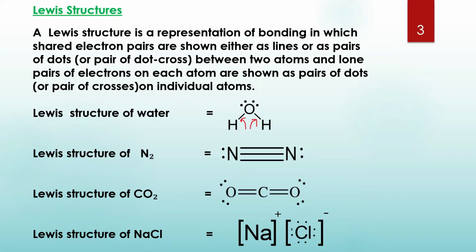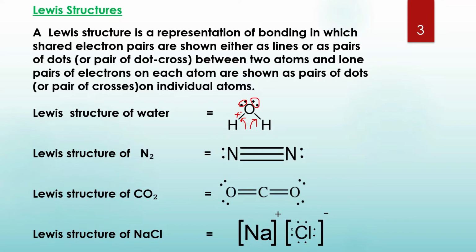This is a shared electron pair because both oxygen and hydrogen are forming a covalent bond by sharing their valence electrons. So this is represented by a line or by a pair of dot and cross. Instead of this, you can even have a dot and a cross like this. And lone pairs are shown either as pairs of dots or crosses. So here, as you can see, lone pairs are represented by dots.